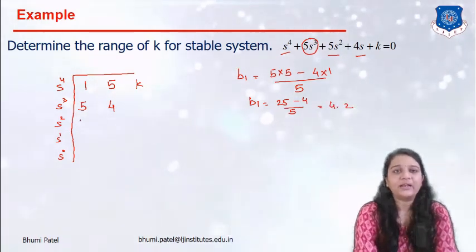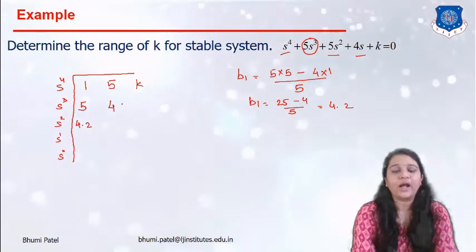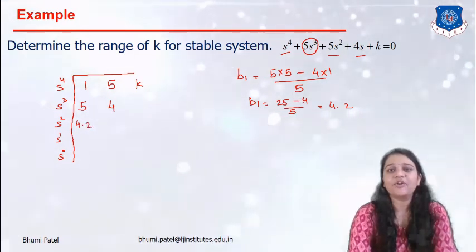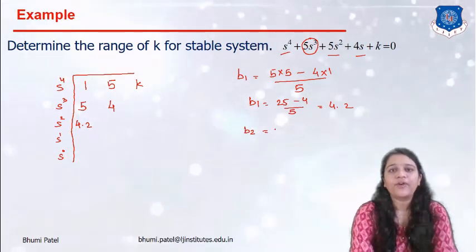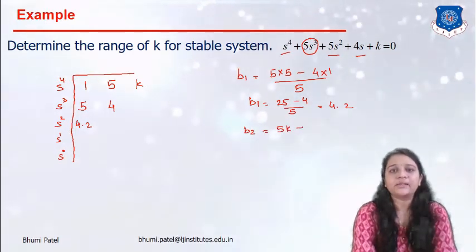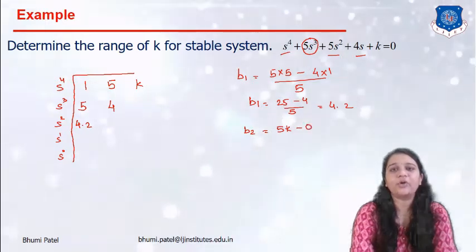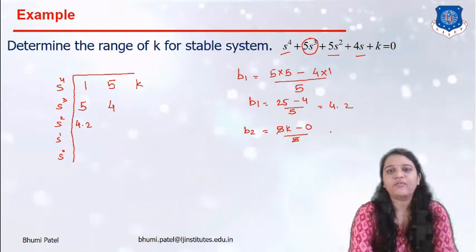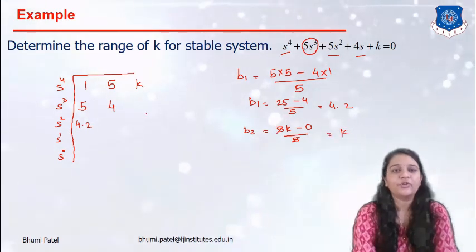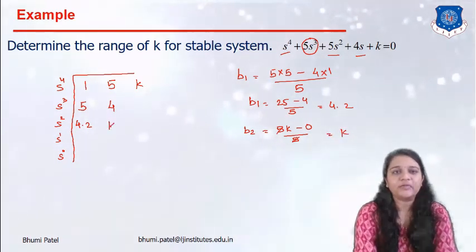Now for b2, the equation is 5 into k minus 0 into 1, that means 0, divided by 5. 5 is cancelled out, so the value of b2 is k.